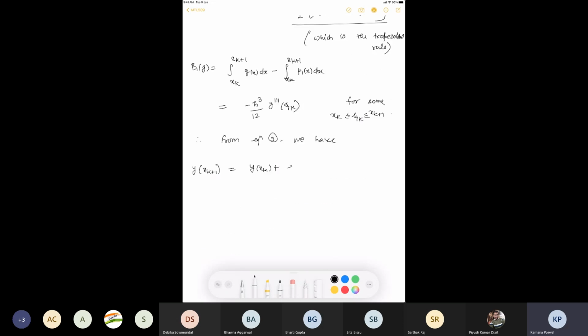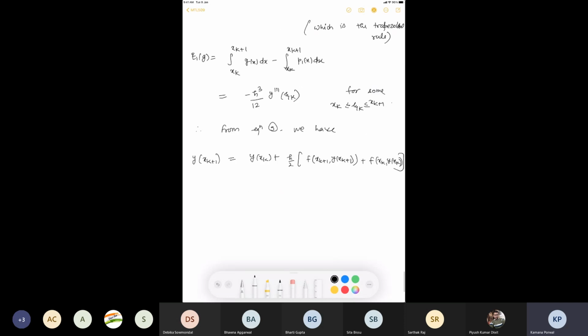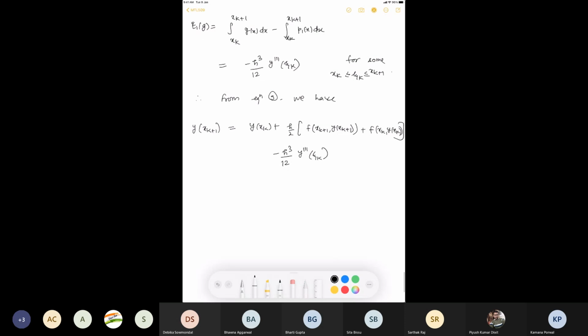So this is going to be h by 2, keeping in mind that g is denoting f, times f at xk+1, y at xk+1, plus f at xk, y at xk. Then we have this error term, minus h cubed divided by 12, y triple prime at ξk. Is it okay so far?